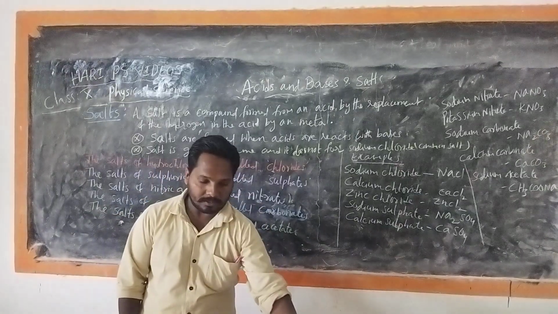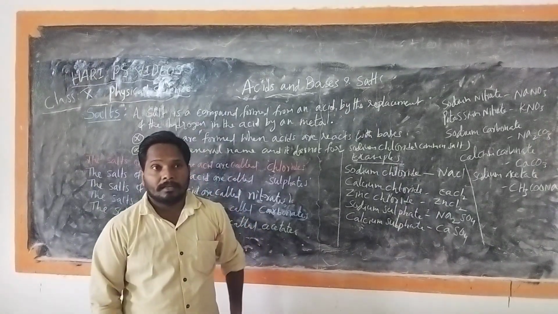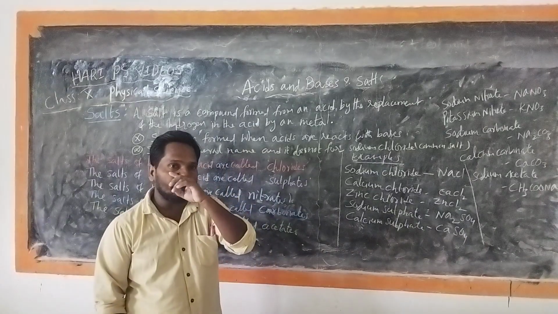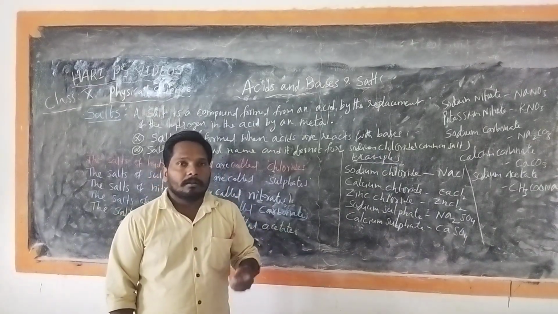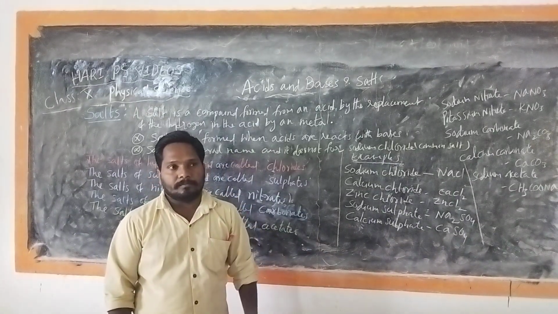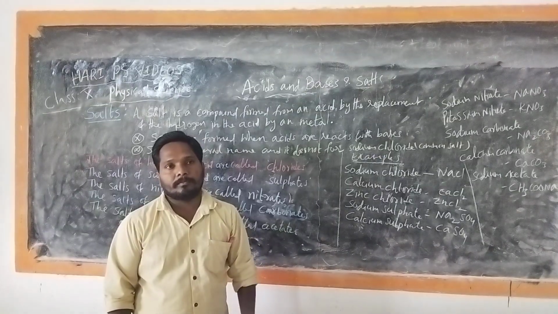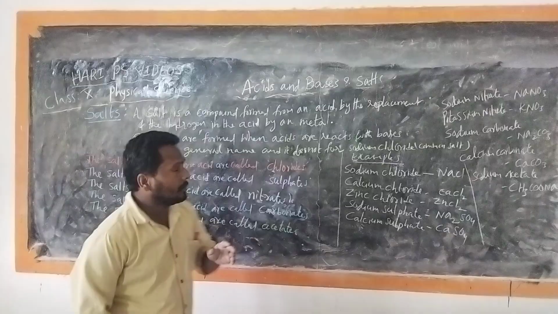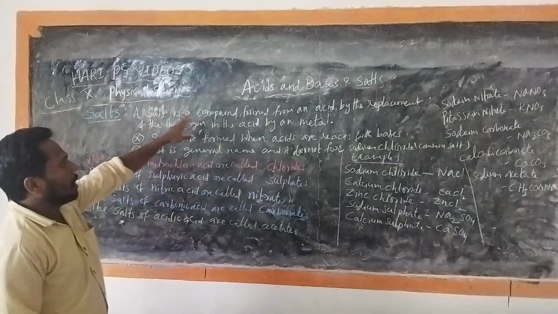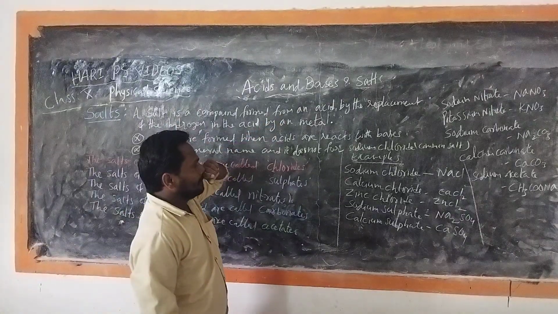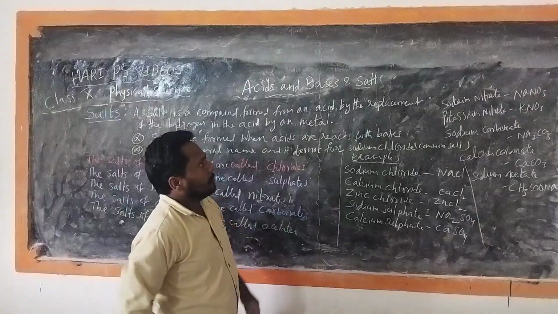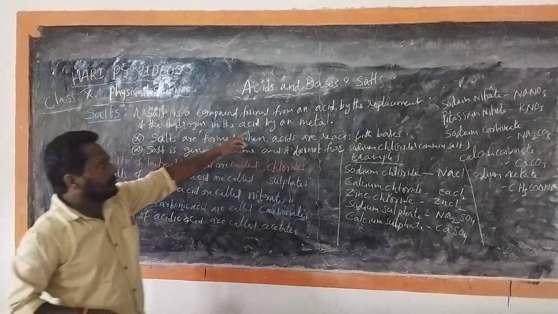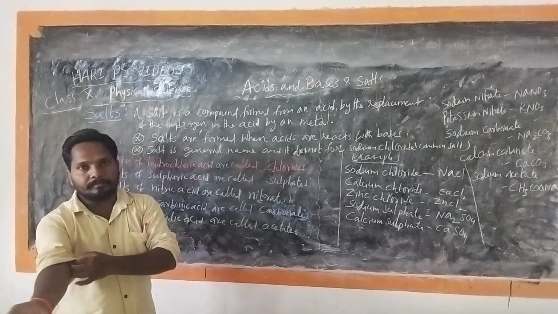What are salts? Generally, we feel that salt is what gives a taste to the food, right? A salt is a compound formed from an acid by the replacement of the hydrogen in the acid by a metal.